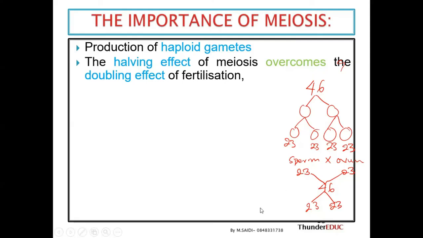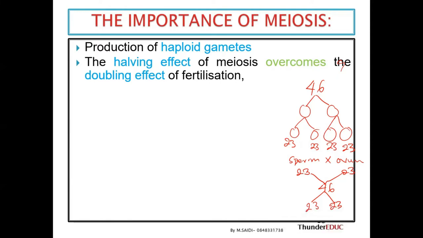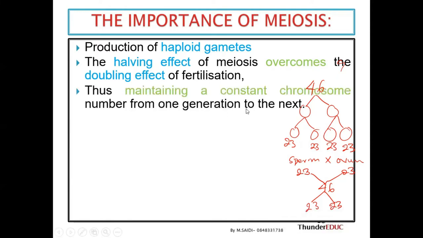So the halving effect overcomes the doubling effect of fertilization. Meiosis results in reducing the chromosome number, thus maintaining the constant number of chromosomes from one generation to the next generation.